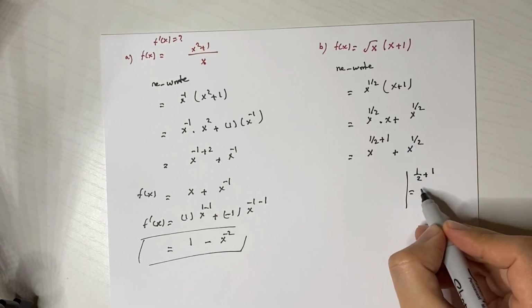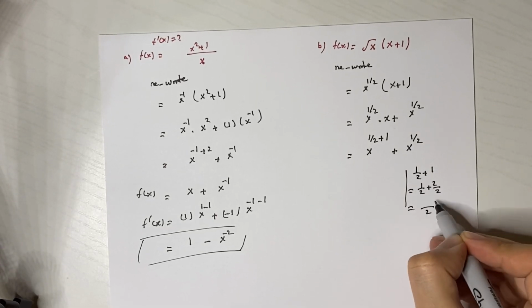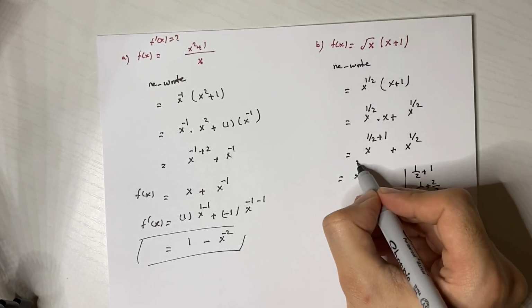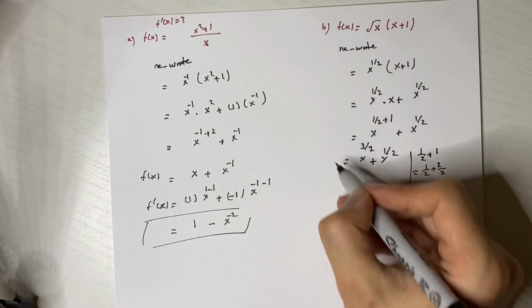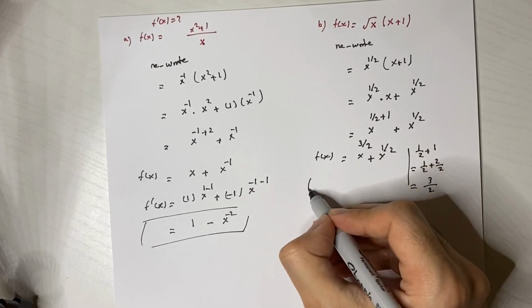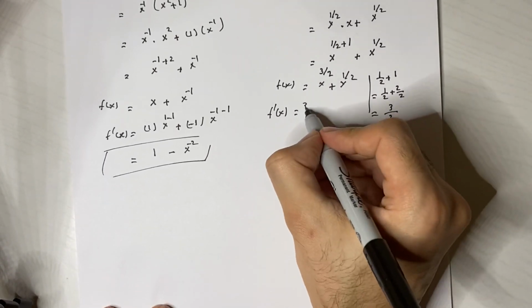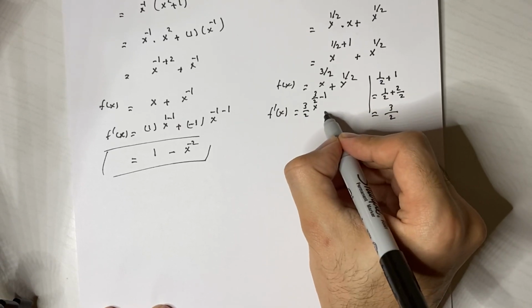But before that, let's add the powers. So that can be x to the 3 over 2 and x to the 1 over 2. Now we are ready to use the power rule. So again, the power will go down and the power will be subtracted by 1.